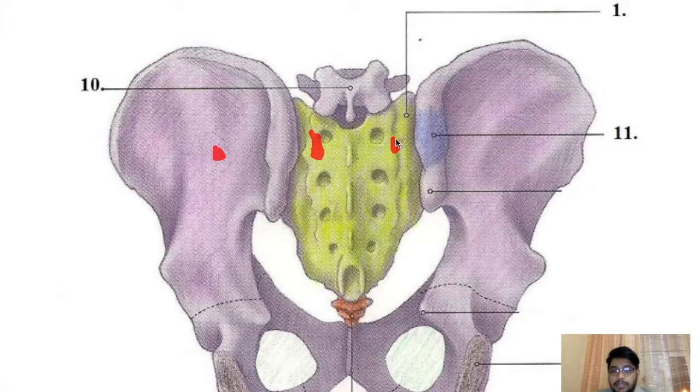This ligament is called the sacroiliac ligament, which is placed both anteriorly and posteriorly. There are four sacroiliac ligaments: anterior left, posterior left, anterior right, and posterior right sacroiliac ligament.